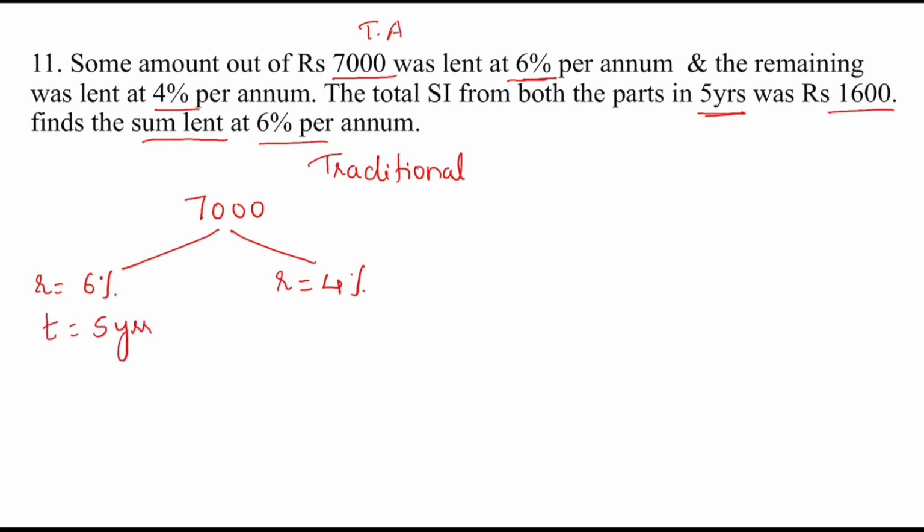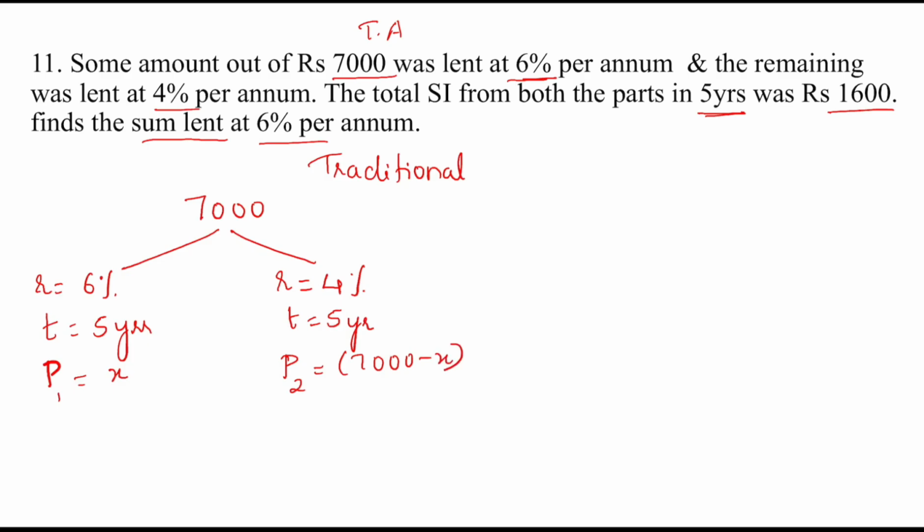What was the principal invested here? We don't know, so let it be X. And the remaining amount from 7,000 was invested at the other rate, so 7,000 minus X.